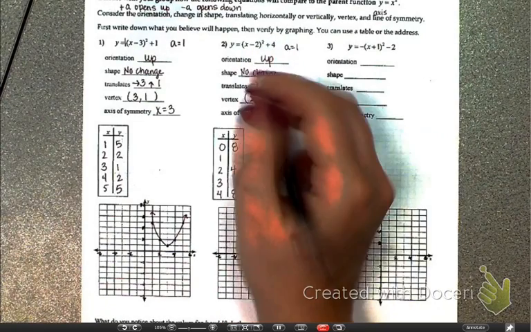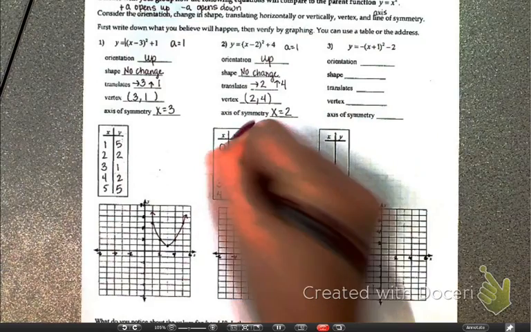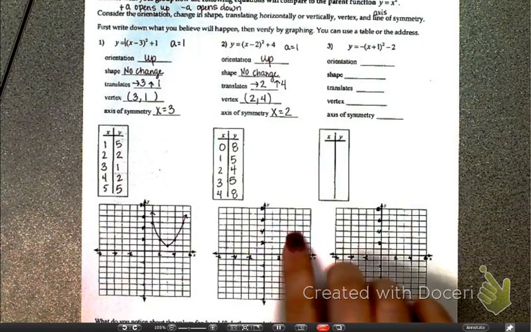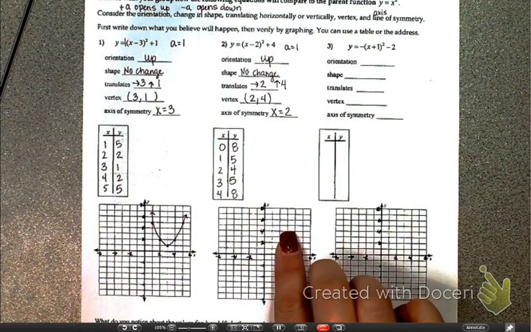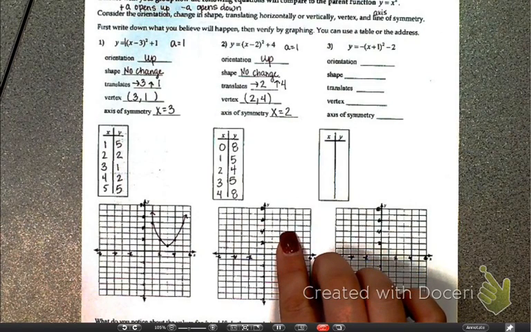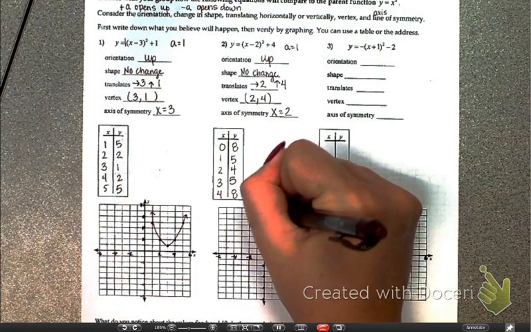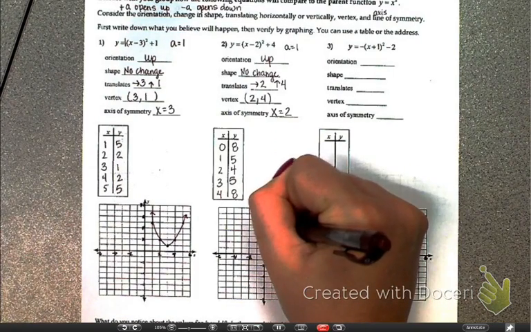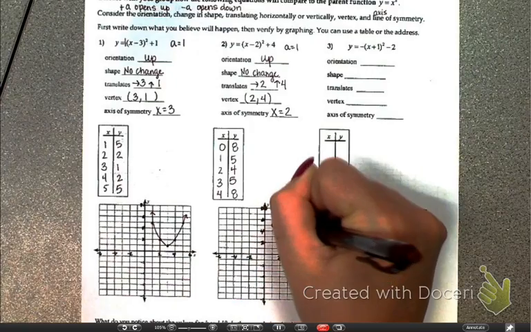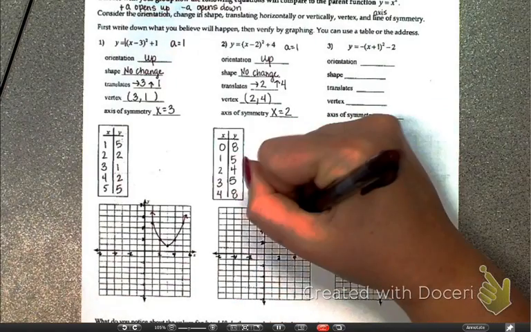Plus 4 is 5. Now again, it should be shifted to the right and up, so my vertex is going to be over here. It should face up and it should be a normal graph. If it's not those 3 things, you did it wrong. Okay, so 0, 8, 1, 5, 2, 4.